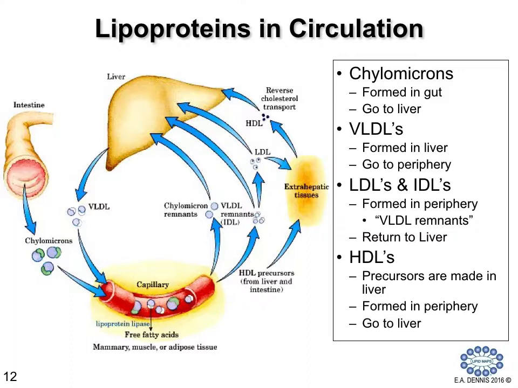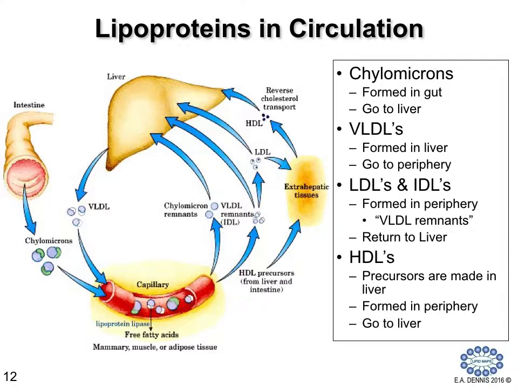The liver produces VLDL, which also, as it passes through the circulation and the capillary endothelial cells, loses its triglyceride by hydrolysis by lipoprotein lipase, and the resulting VLDL remnants are retaken up by the liver.